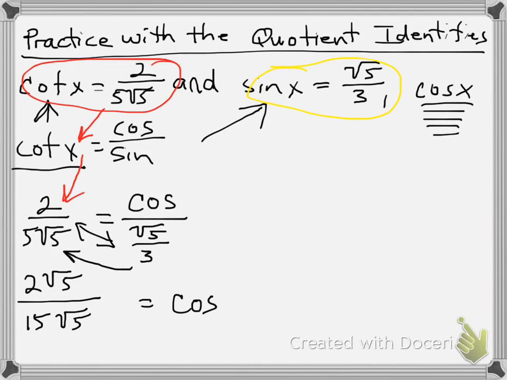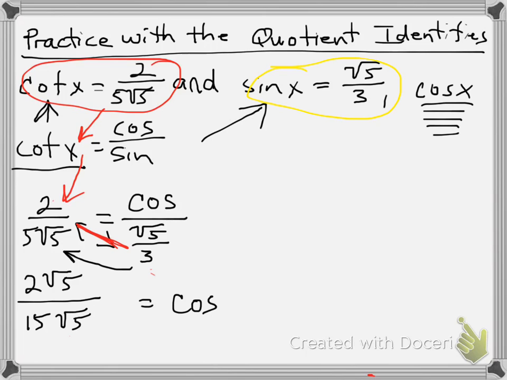And again, what I did here is cross multiply. I multiplied the tops together, 2 times the square root of 5, and I multiplied the bottoms together, 5 times the square root of 5 times 3, and we got 2 times the square root of 5 on the top, and we got 3 times 5, which is 15, times the square root of 5 on the bottom.